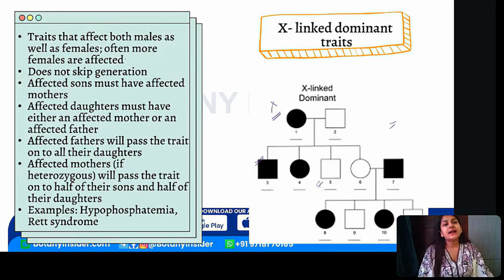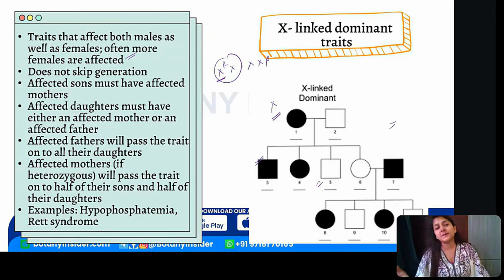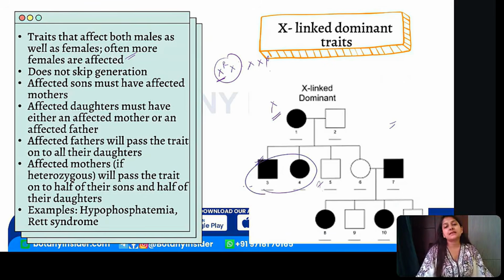So it is a trait that affects both males and females, though majorly more females are impacted here. Let's say it is X^R X, right? It is crossed with XY. Now this is a dominant character. So 50% of the individuals will be carrying the X chromosome from the female and 50% from the other one. Those 50% will be showcasing the character and the other 50% will be free.